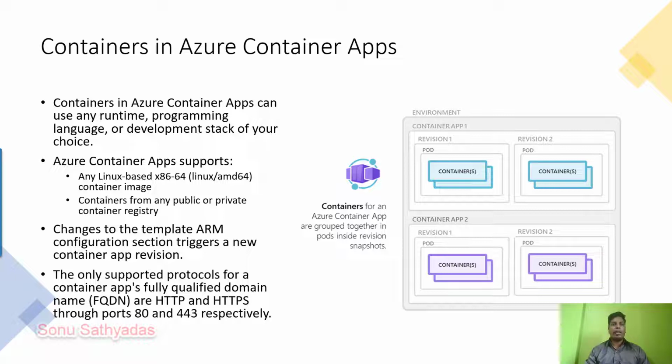By default it creates a default revision when you deploy the first container, and later when you make changes inside your configurations, maybe you are changing the settings of your container, or the version of your container application image, or the allocated compute like the CPU and RAM.